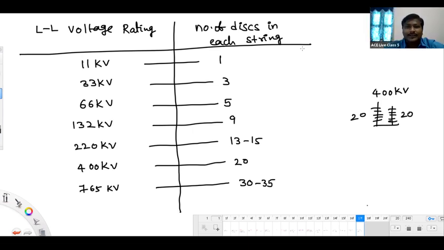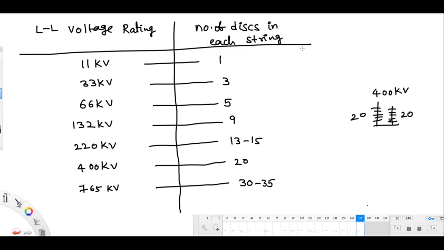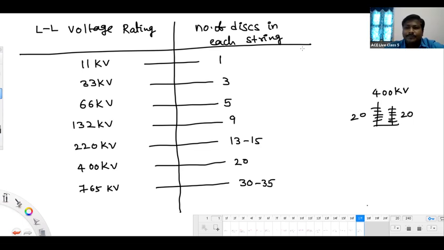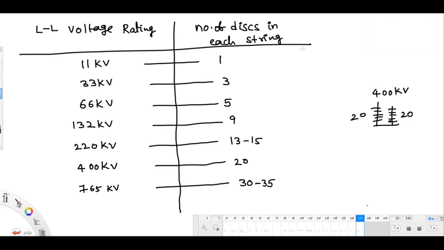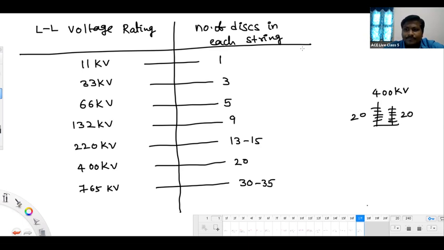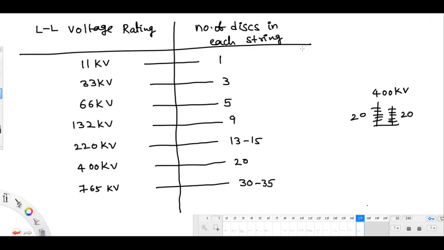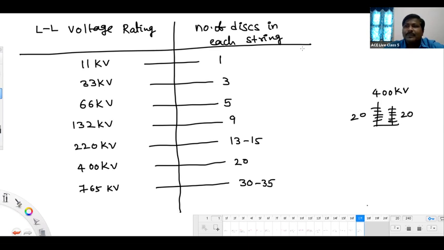Sir, one more thing regarding what we learned: the stay wire. The stay wire is the same thing that we find outside our houses for local transmission. In some places they may keep an insulator, and in some places that insulator might be damaged.